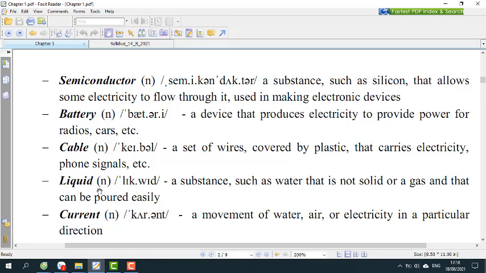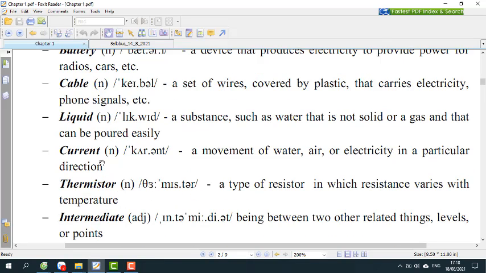Liquid: a substance such as water that is not solid or a gas and that can be poured easily. Current: a movement of water, air, or electricity in a particular direction.